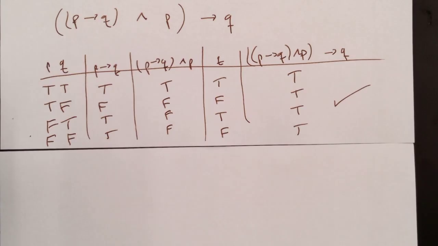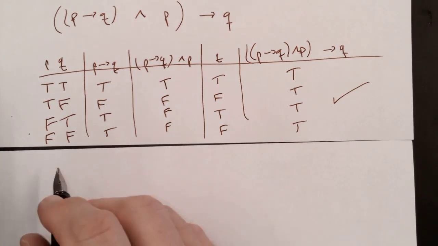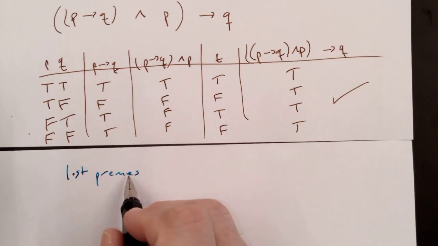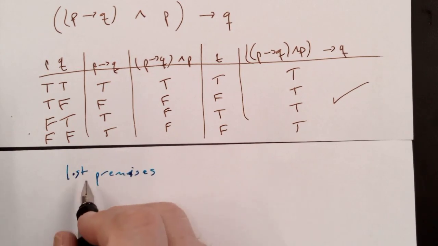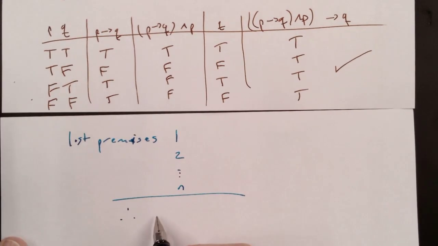We tend to write rules of inference in a slightly different version than a tautology. We tend to write them by listing the premises and then we use this funny looking symbol made of a triangle of 3 dots, and we write our conclusion. That 3 dot symbol is read as the word therefore.